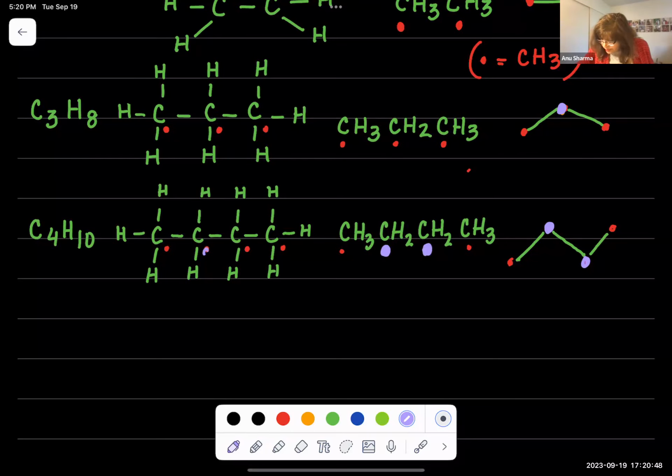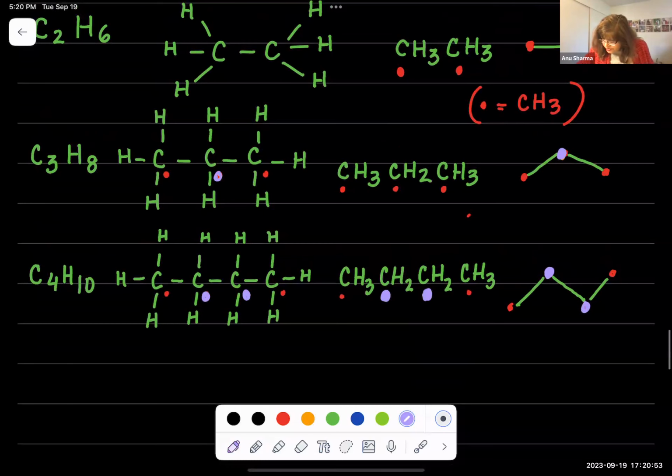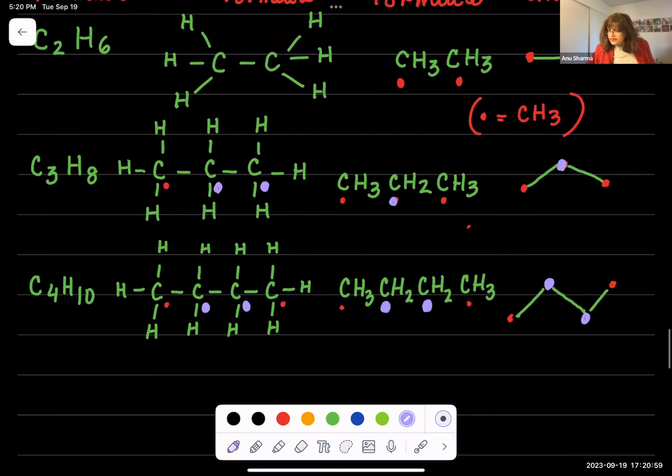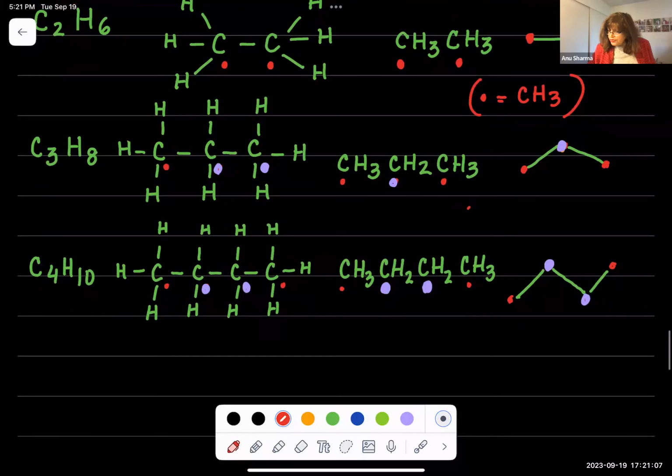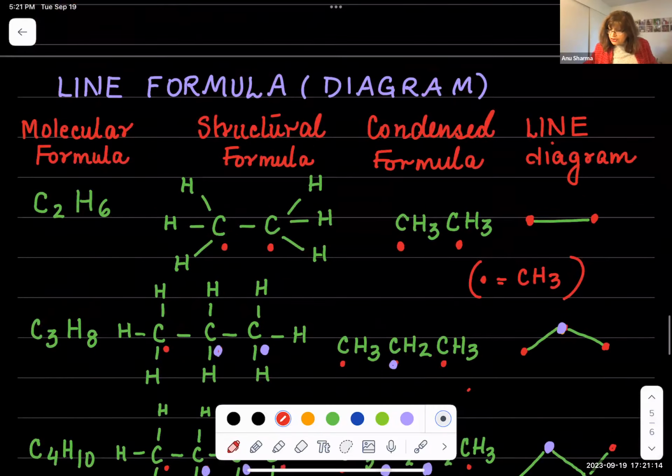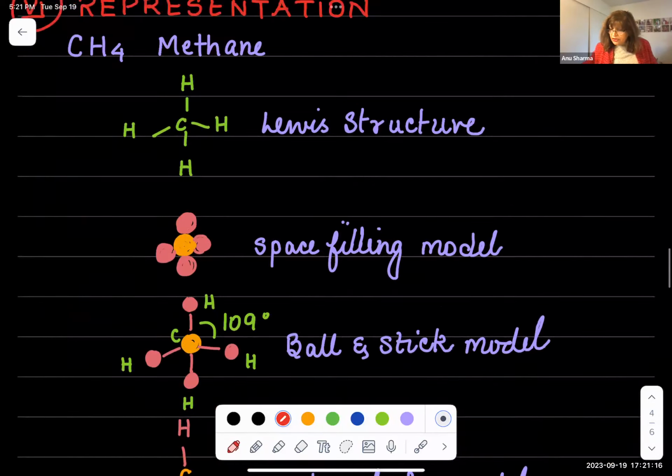Similarly here, this is the CH2 and this is the CH2. And the CH3s are in the corners, the ends, and those are these ones. Okay, so this is how these questions will be put up on the exam for writing the structural and the line and the condensed and all these formulas.